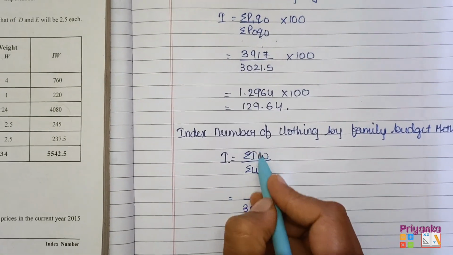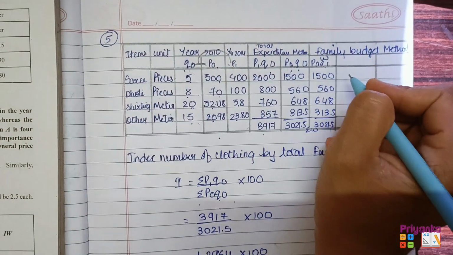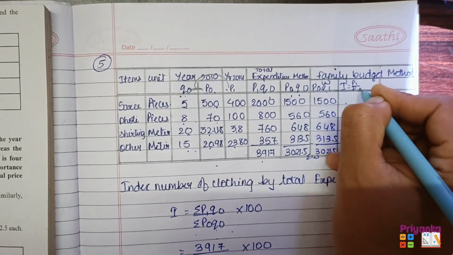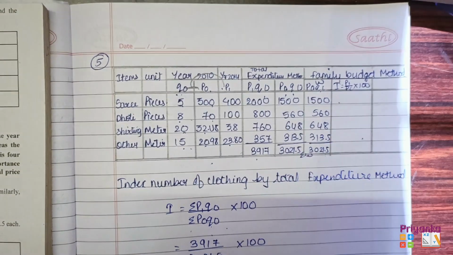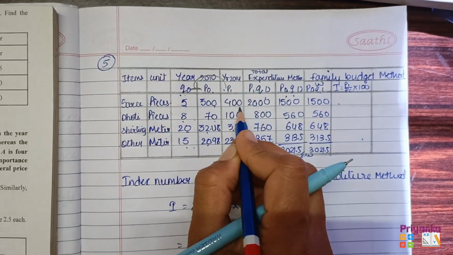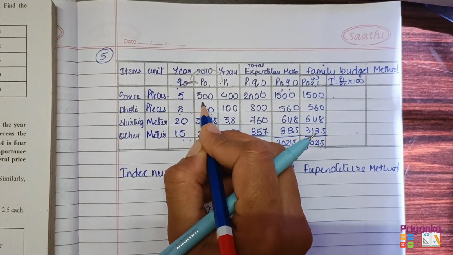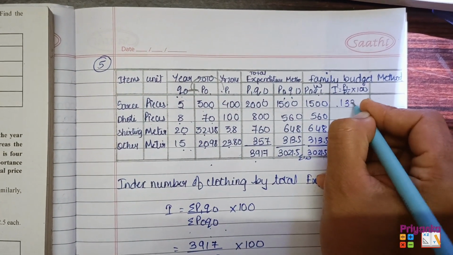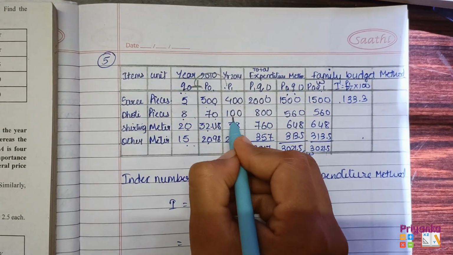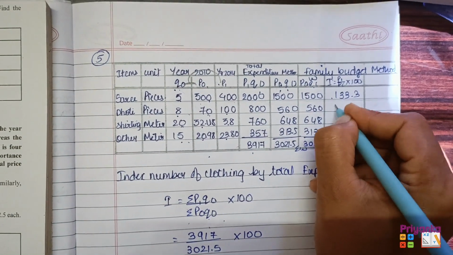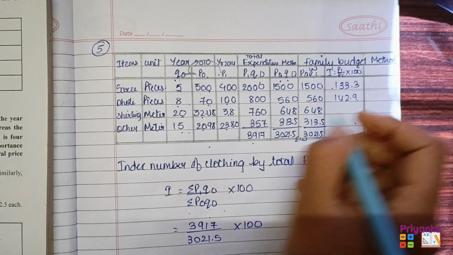That is my sigma W, which I can take directly in the formula, that is 3021.5. But for sigma IW, I need I as well, and for I the formula is P1 divided by P0 multiplied by 100. Now here I am going to take P1, that is 400 divided by 300 multiplied by 100. Here we get 133.3. Again 100 divided by 70 multiplied by 100, we get 142.9.